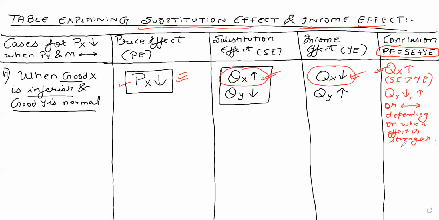So I can say my conclusion, demand curve for inferior goods is downward sloping. Demand curve for inferior goods is downward sloping. So I hope students have understood this case.